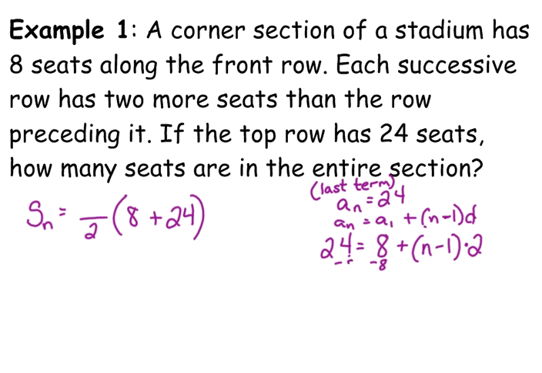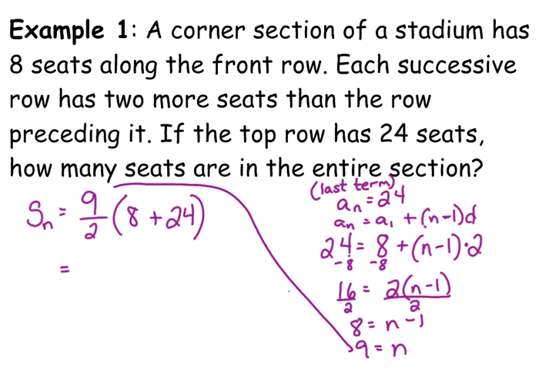So subtract 8. 16 is equal to 2 times n minus 1. I can divide by 2. I have 9 rows. So I can plug that in to my formula now. 9 over 2 is equal to 8 plus 24. 8 plus 24 is 32. 32 divided by 2 is 16.